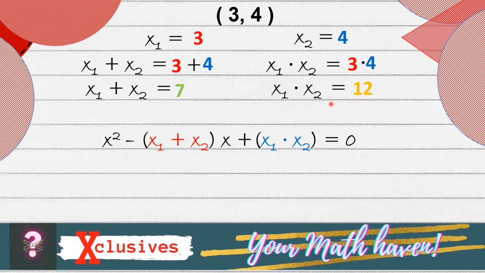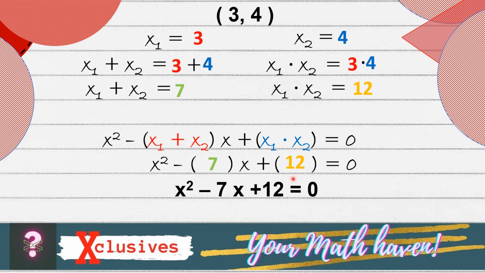Using the pattern given, we can substitute the values of the sum of the roots and product of the roots. So our sum of roots, that is 7. And our product of roots, that is 12. So by simplifying, our equation is x squared minus 7x plus 12 is equal to 0.